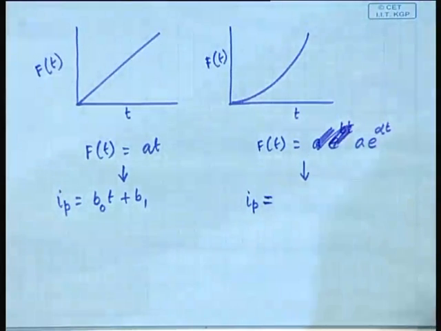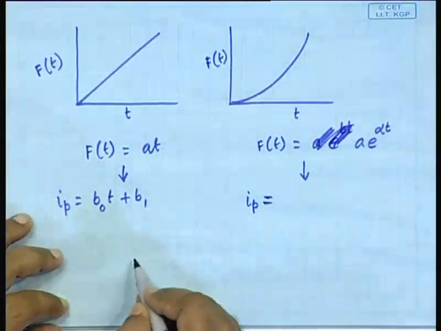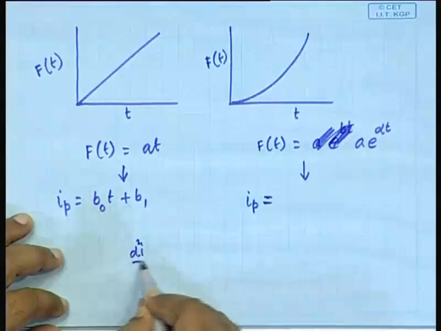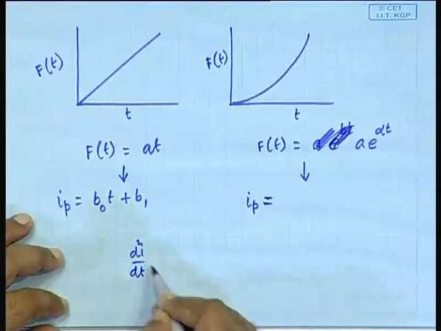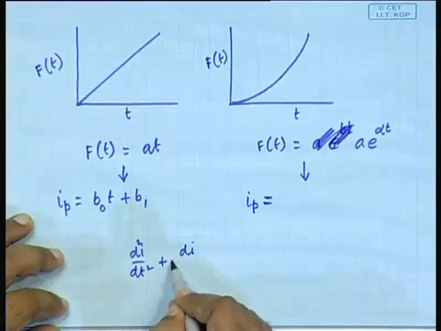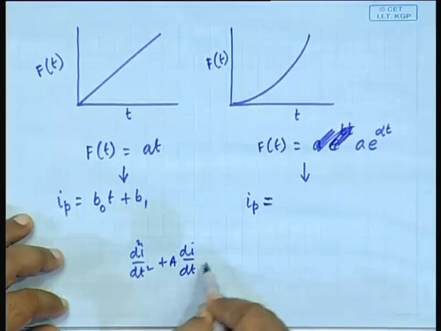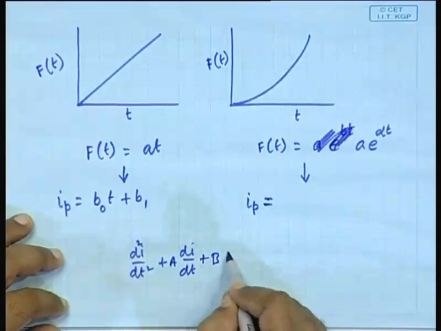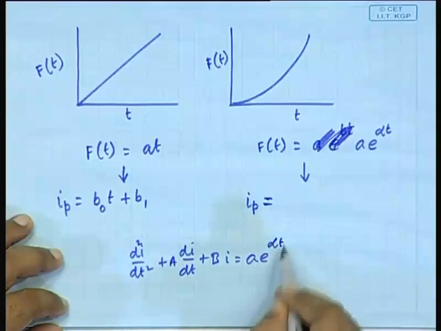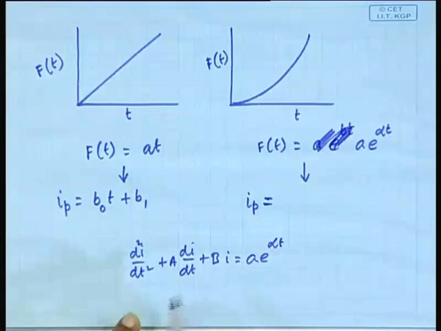See what I am trying to drive at. Normally, what will be the equation like? The equation will be d2I/dt2 plus a dI/dt plus b I is equal to a e to the power alpha t, that is the external forcing function.